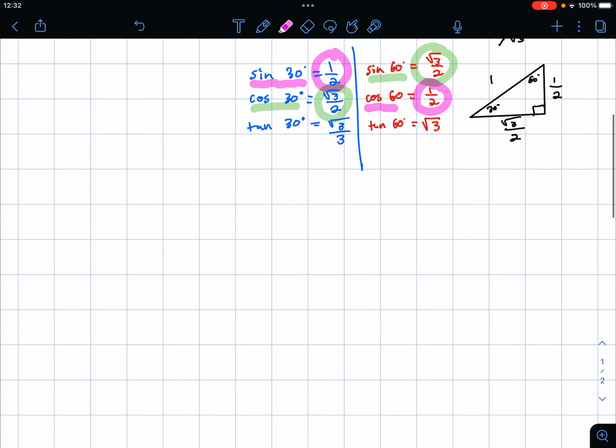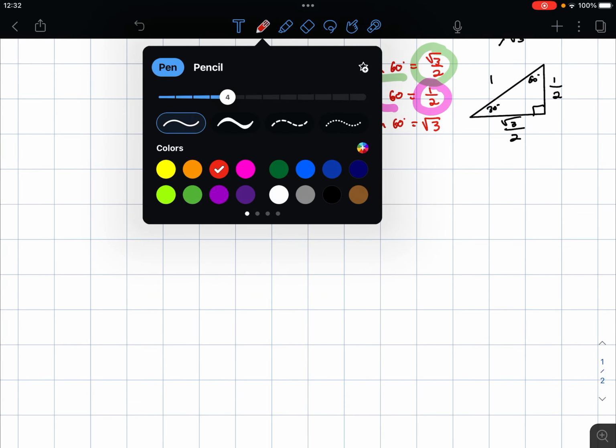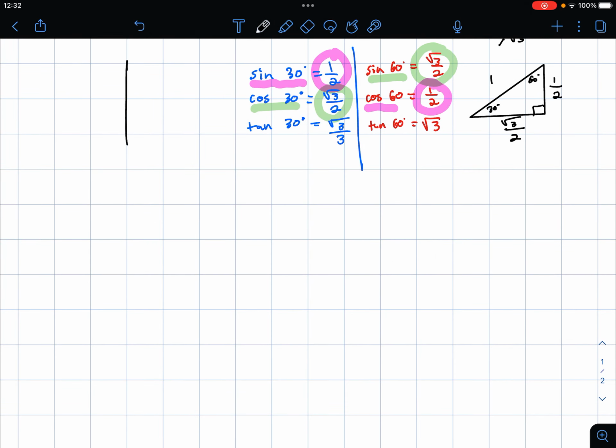So I'll keep those handy in view, and let's do a little graph here. We'd like that to be up a little bit. We're going to start with our 30-degree set.